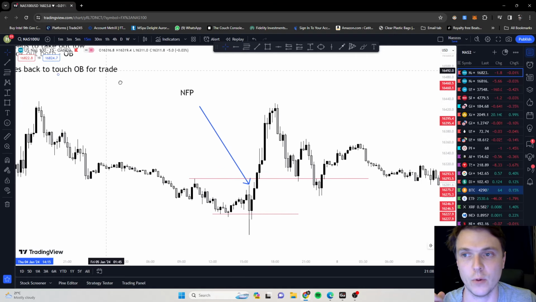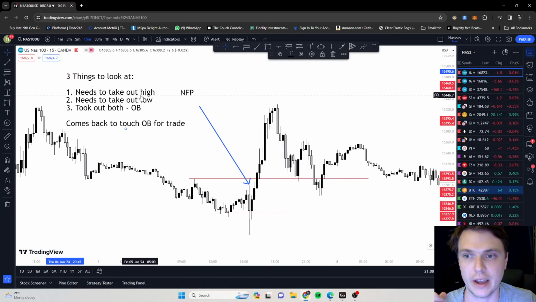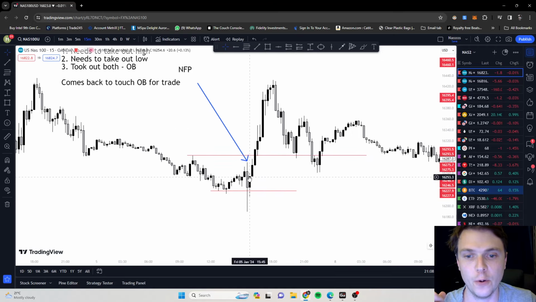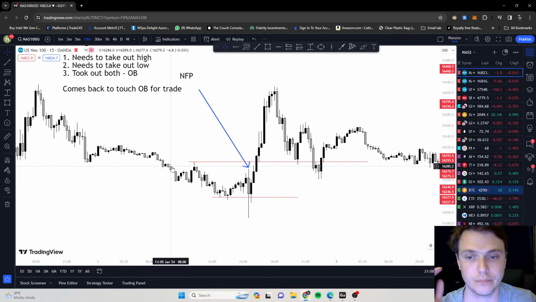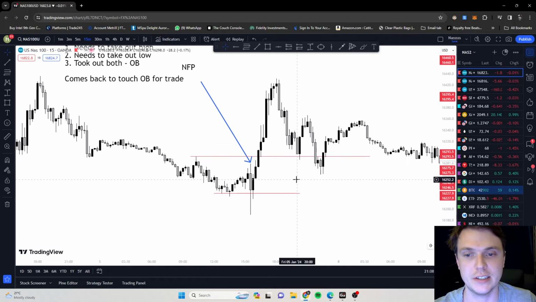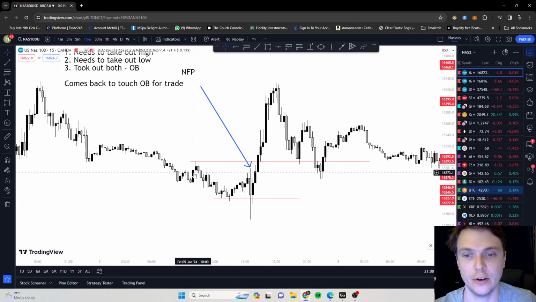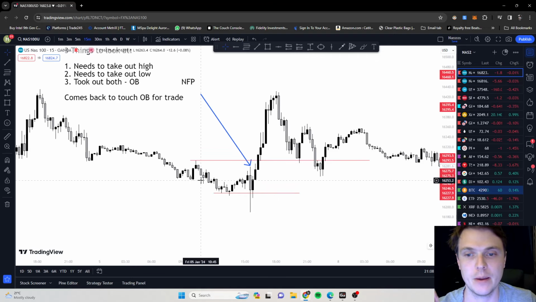What I mean with it needs to take out a high is that before the NFP trade happened, it had already taken out the low at 1:30 South African time. I highly suggest you go and look at what it is in your time zone.